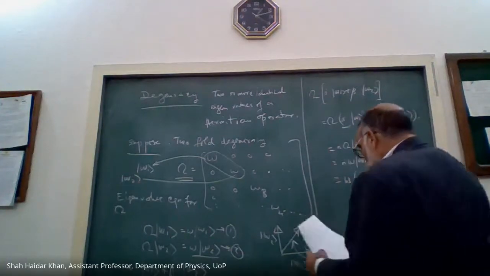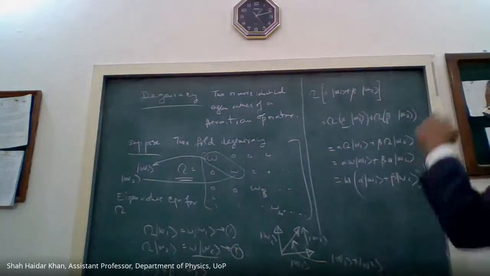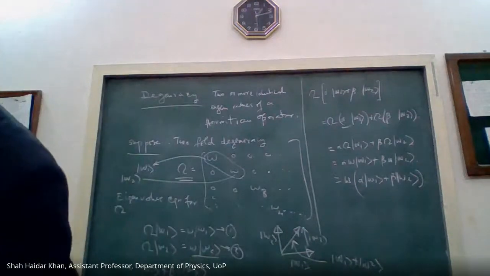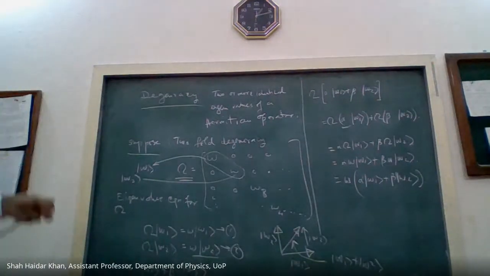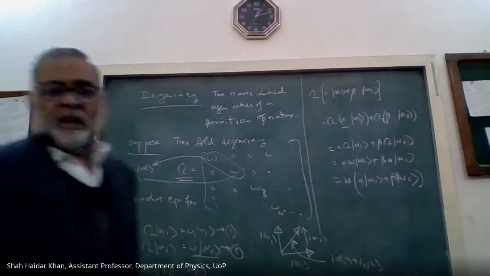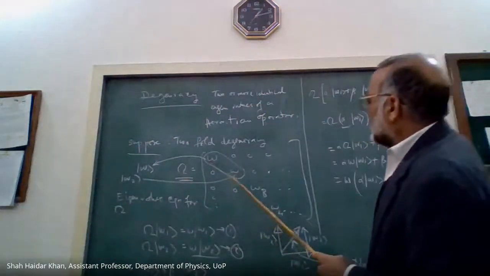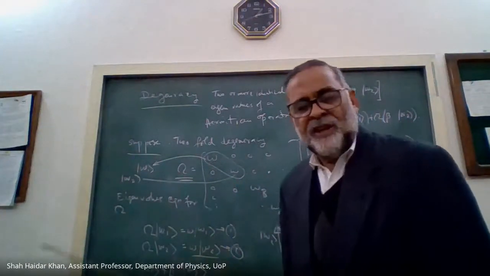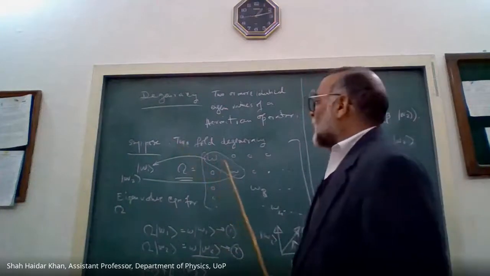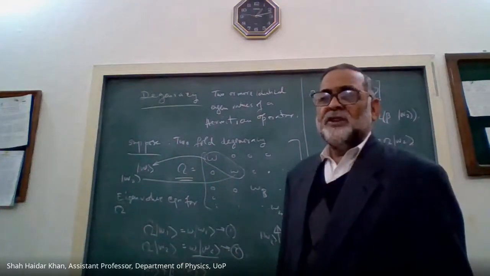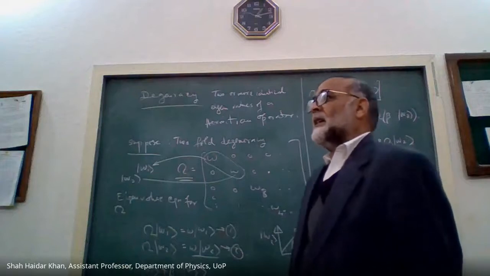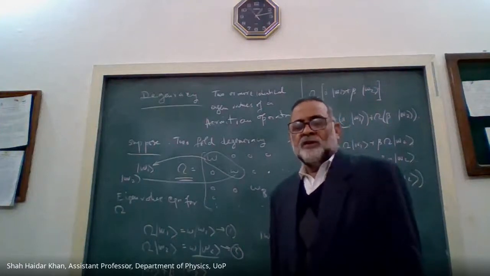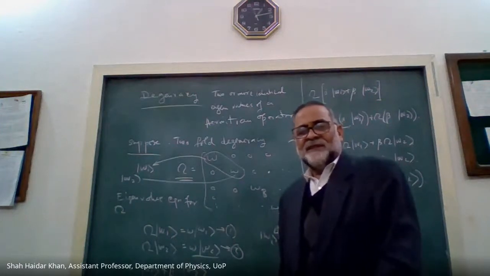So what we get from here, listen again: if there is a degeneracy, whatever the number of degeneracy is, the same is the dimension of the subspace that we can get.